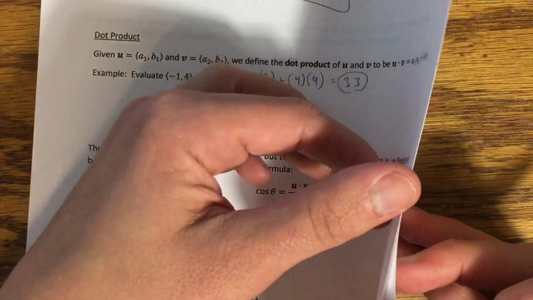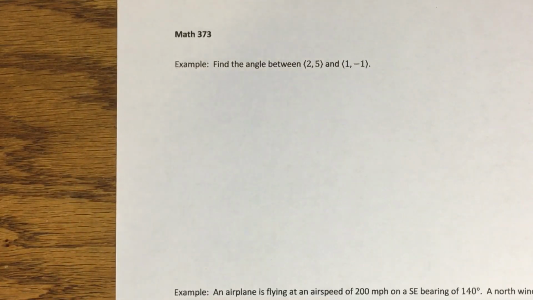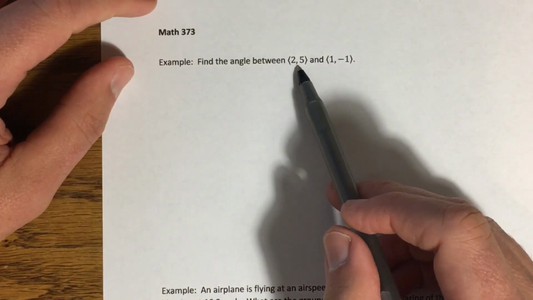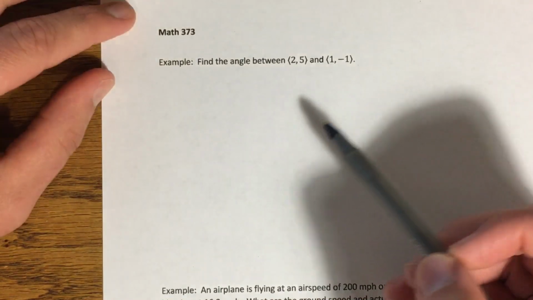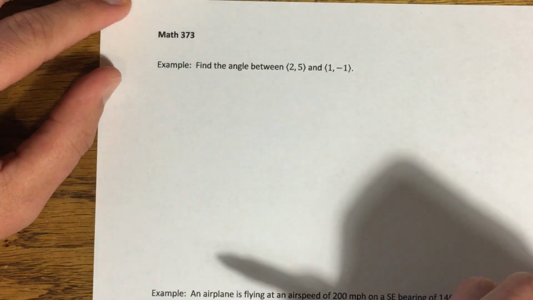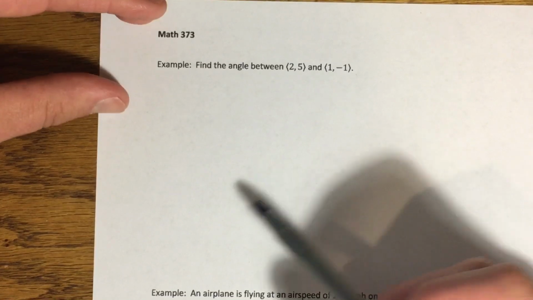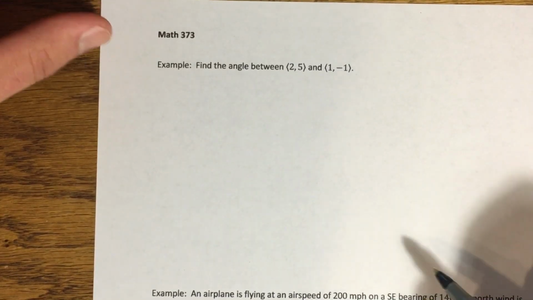Let's do an example where we want to find the angle between two vectors. Okay, so our goal here is to find the angle between the vectors <2, 5> and <1, -1>. I could graph these vectors as position vectors and then sort of represent the angle between them just to get a sense of what this looks like, but I'll let you do that if you want to see it that way.